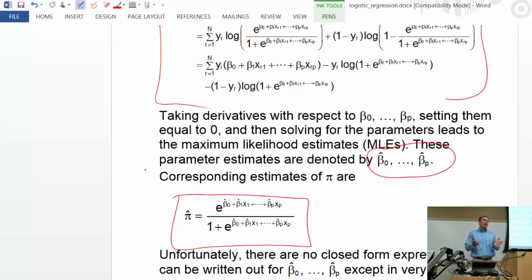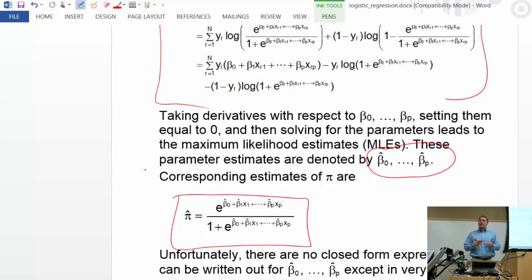You cannot actually write it out, except in very special cases. Because of that, you have to use what are called numerical iterative methods. We discussed those way back in the factor analysis section as well. So we use these numerical iterative procedures to find the maximum likelihood estimates.